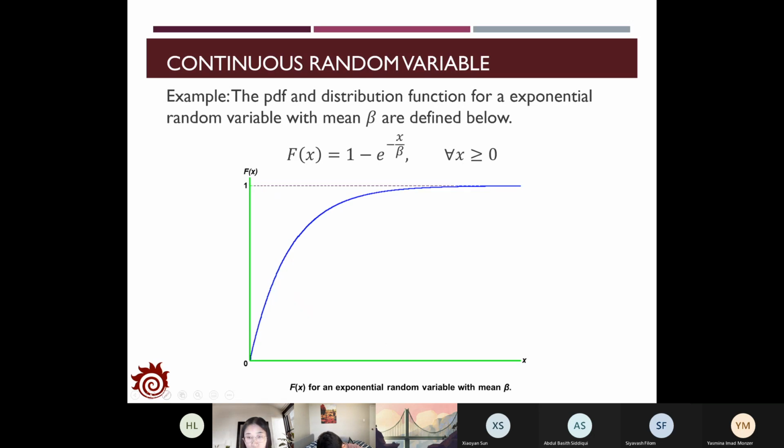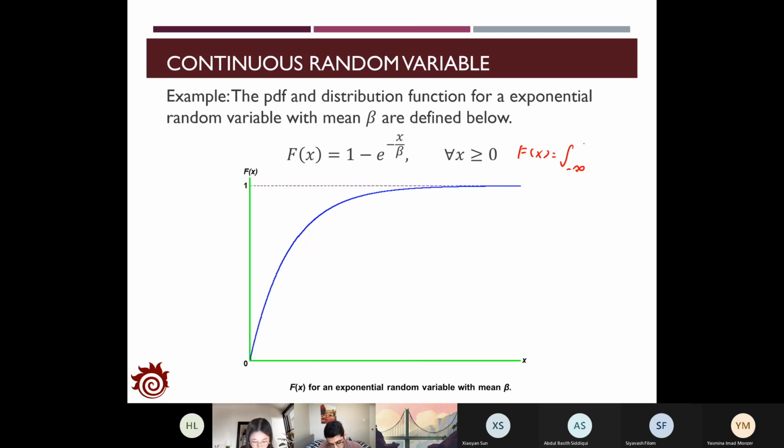And this is actually the CDF, the cumulative distribution function of the previous distribution. So the F(x) comes from the definition.